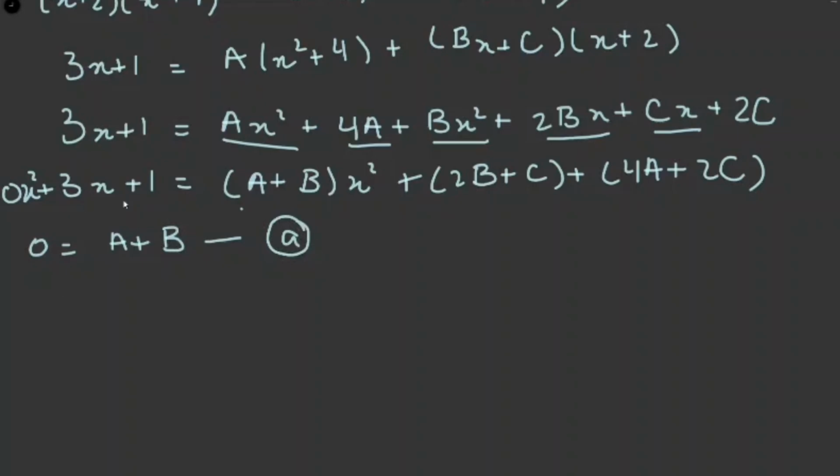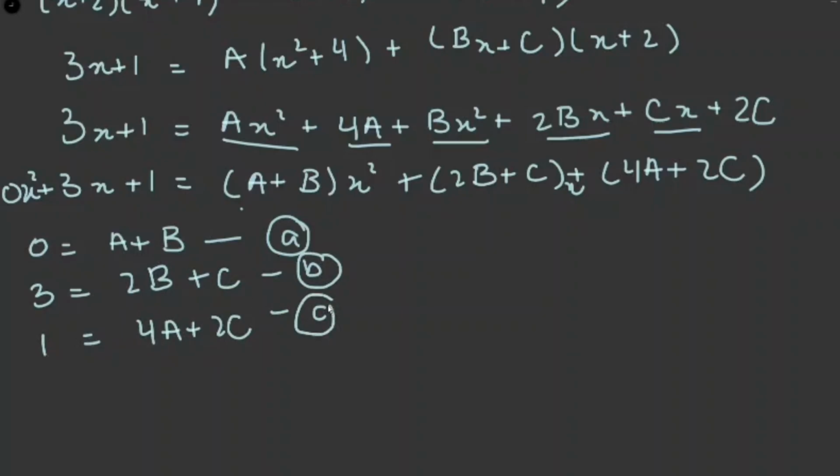Now we see the coefficient of x, we get 3 is equal to 2b plus c. This would be our equation 2. And now we get the constant, which is 1 is equal to 4a plus 2c.